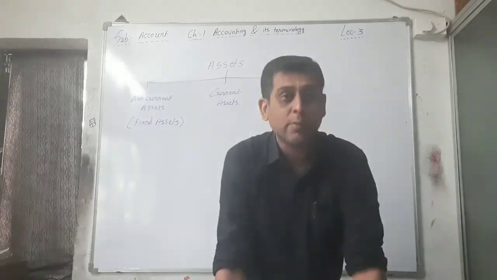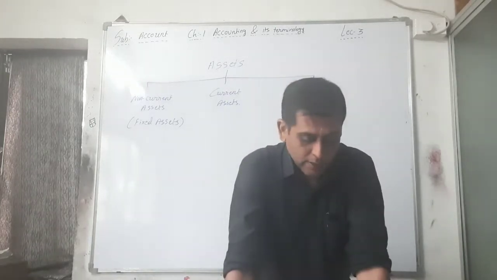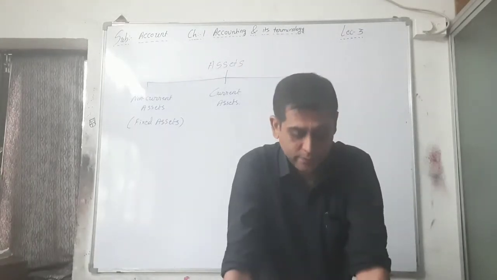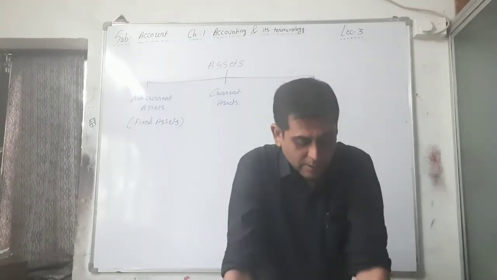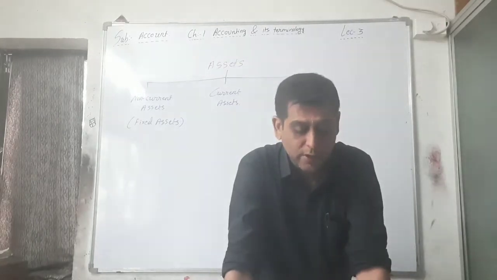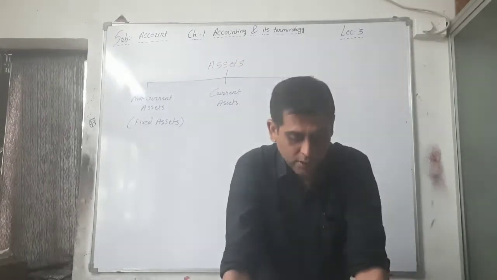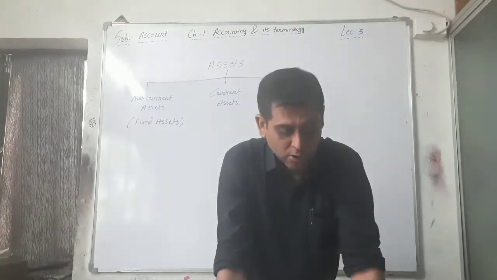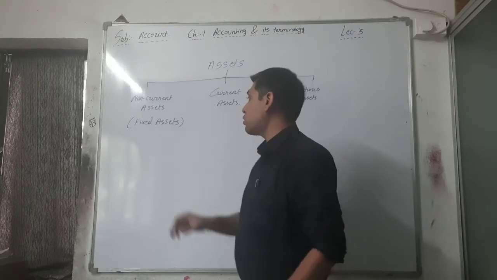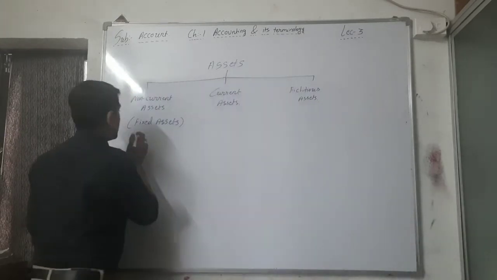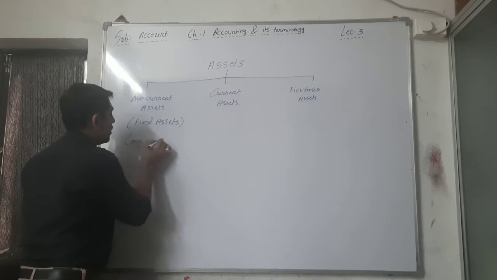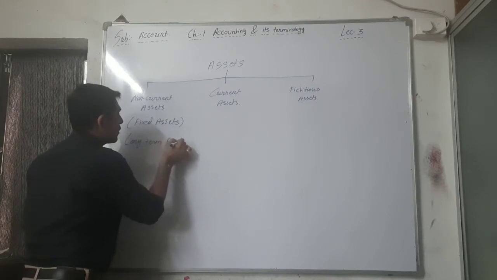That is our point number 9. Non-current assets are identified on the basis of time. Like non-current liability, non-current assets are also for a period of more than 1 year. They are known as long-term assets or fixed assets.